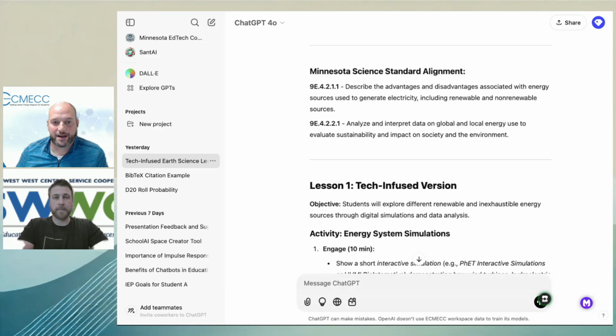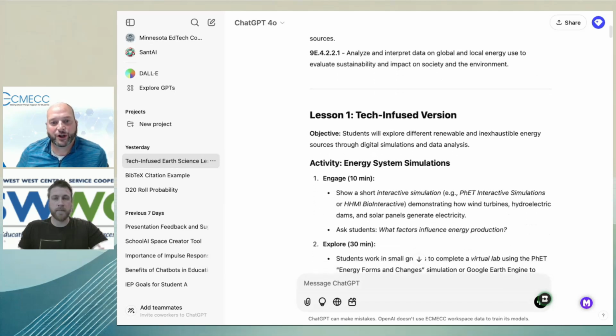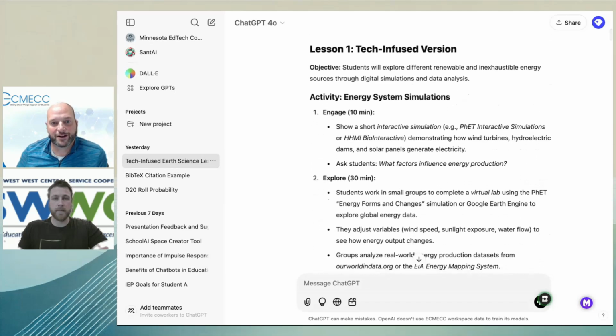The first one was a tech infused lesson. And so you're going to see that this one here, and I'm going to show my example of it here, I adapted slightly because, when you create something here, you still have to go and check out the different parts of what it creates to make sure that it exists.